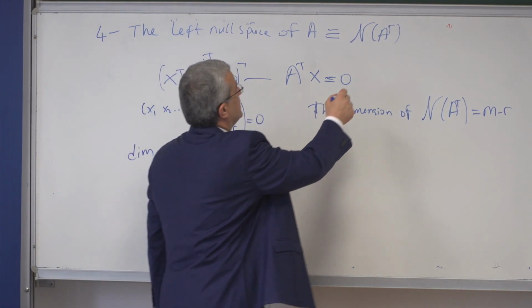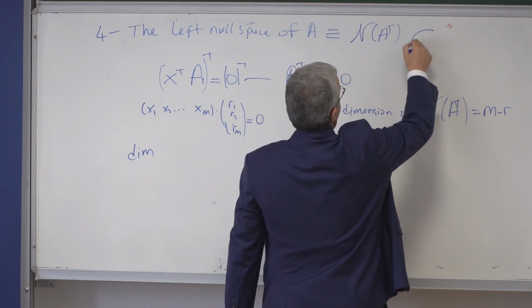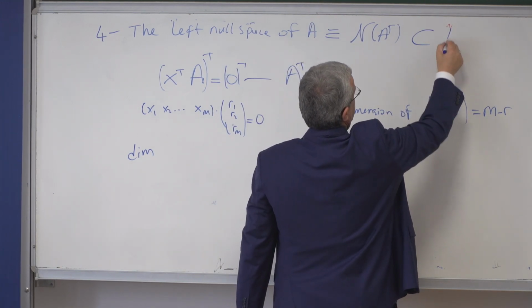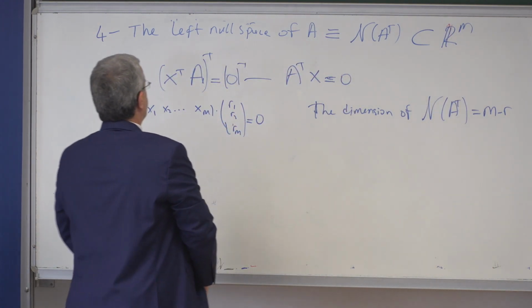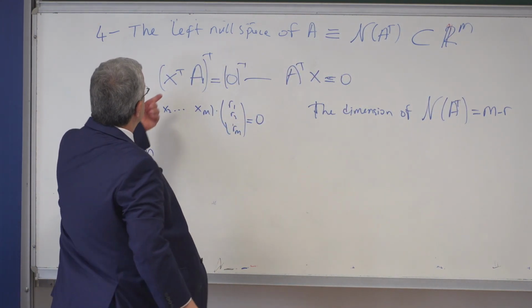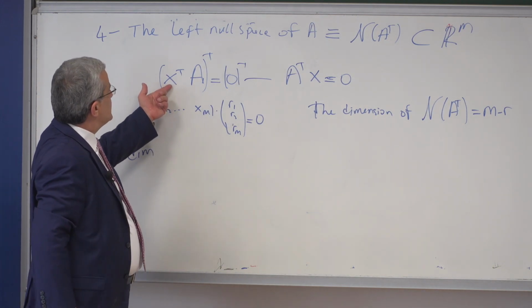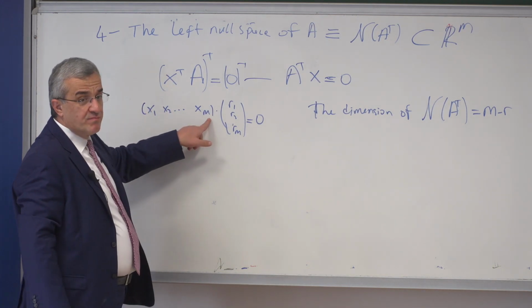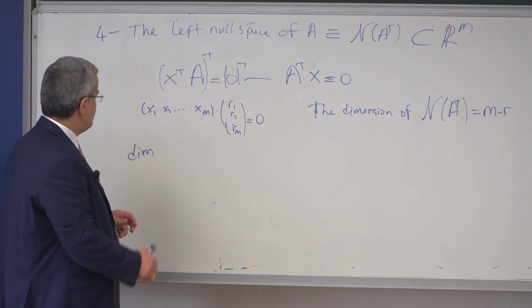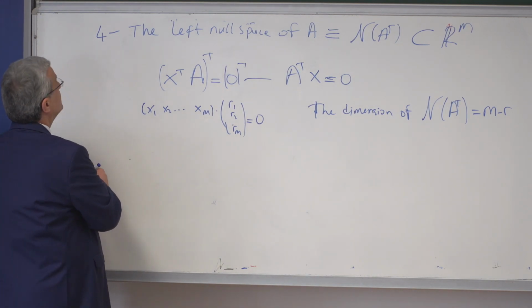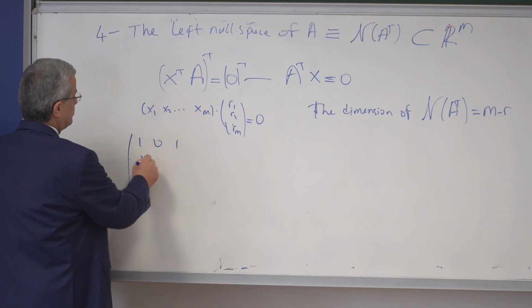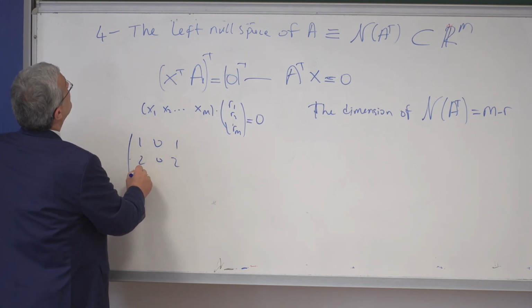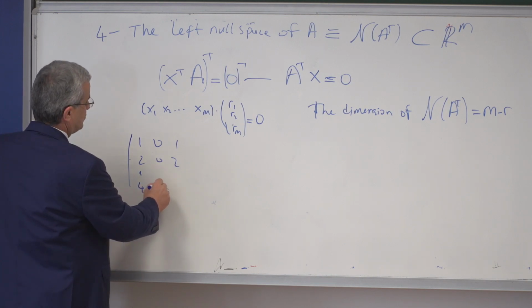So this is a subspace of R M. Why is that? Because these x's have m components. Okay, example: 1, 0, 1, 2, 0, 2, 1, 4, 0, 2.